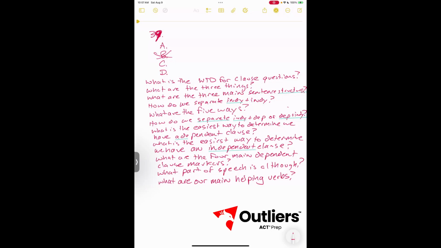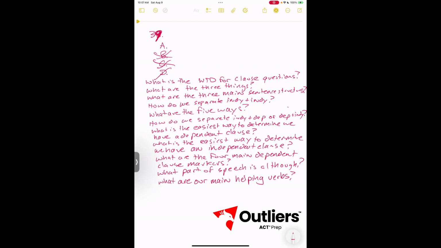As soon as you find that one of the three things is the reason you eliminate one of the answers, it's almost always going to be the same thing for the other wrong answers. So we can jump right to, are the clauses separated properly for answer C? Again, they are not. We have dependent followed by independent, and that must be separated with a comma always. They used one of the 5 ways, and you cannot use one of the 5 ways to separate dependent plus independent.